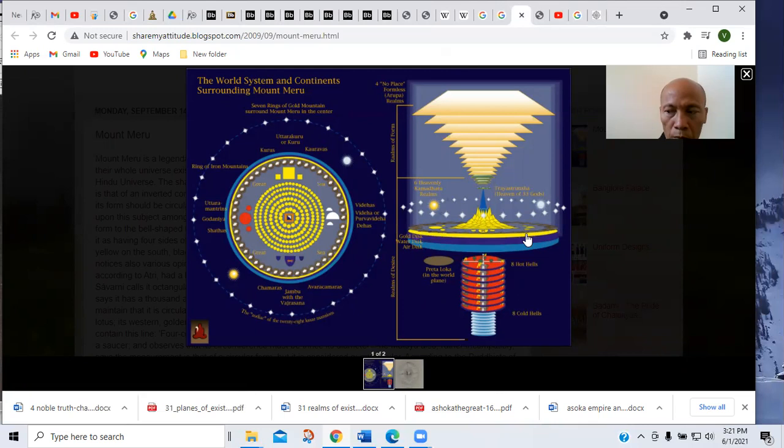Like so, we have many different types of people. In the Buddhist view, some types of human live in different planets and universes.